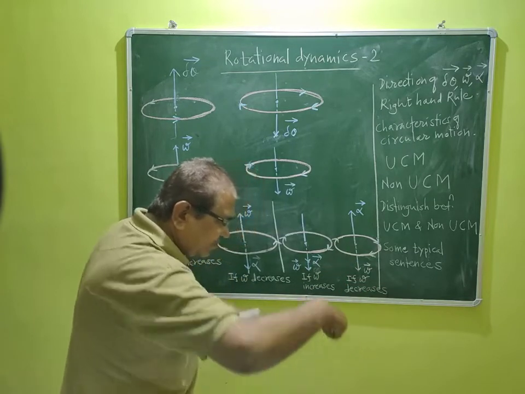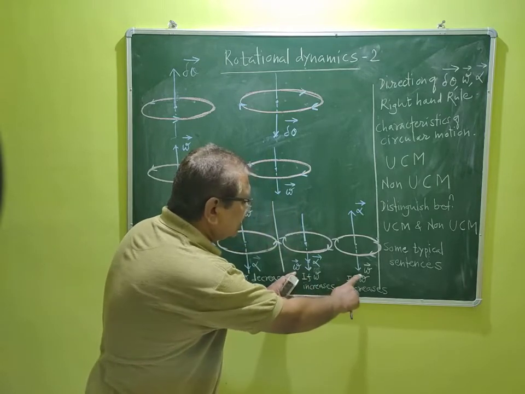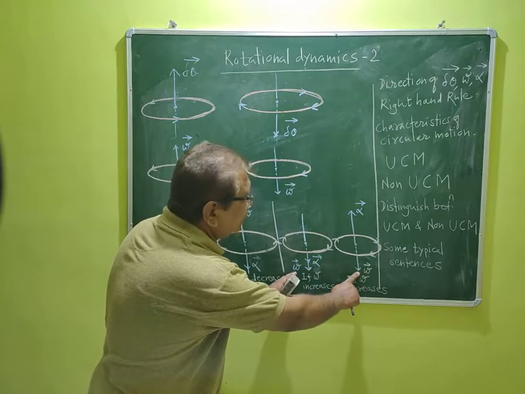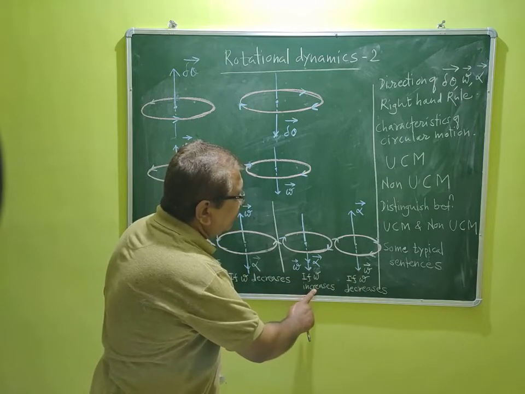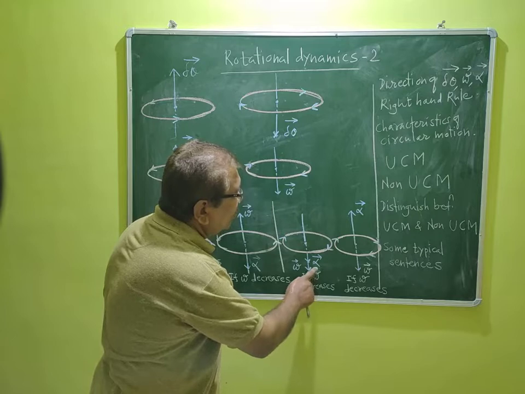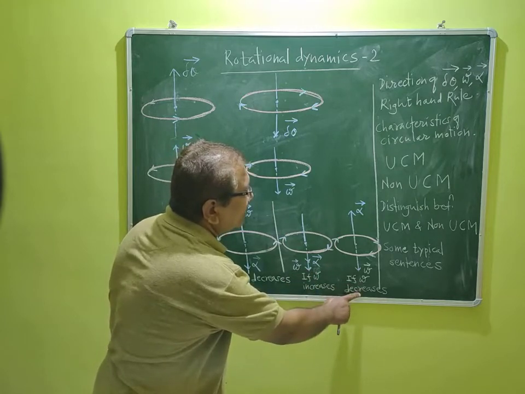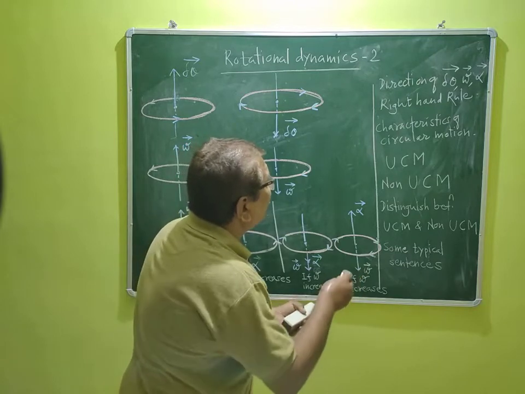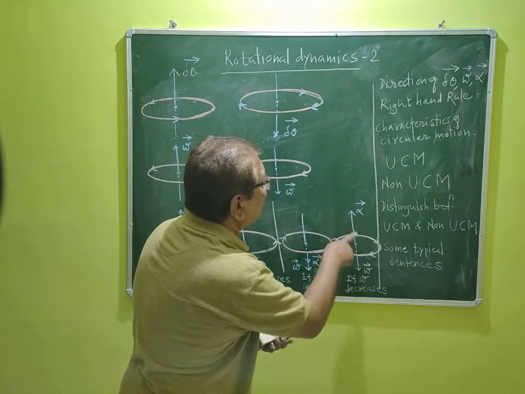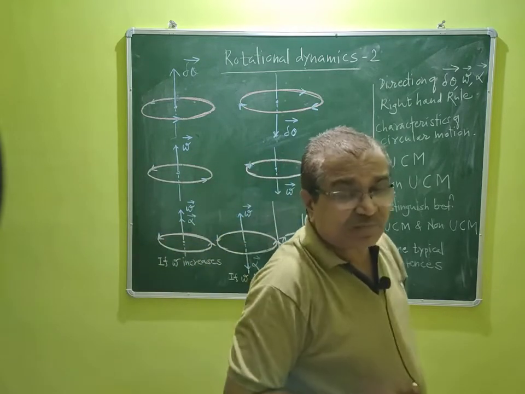In both cases the direction of the angular velocity is downward, but when omega increases, omega and alpha are along the same direction. If omega decreases, omega and alpha are in the opposite direction.